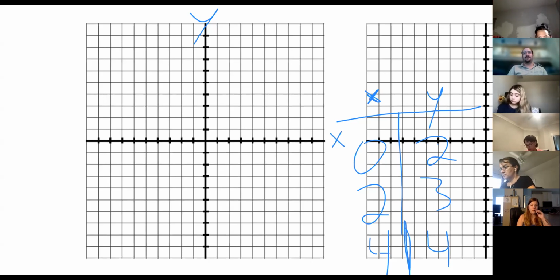X is what, 0, 2? Can we graph that thing? We're not going left or right. We're going 0, 2. 2, 3, we're going right 2, and up 3. 4, 4, we go right 4, and we go up 4 right in there.